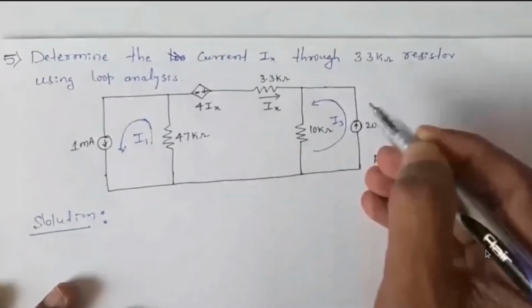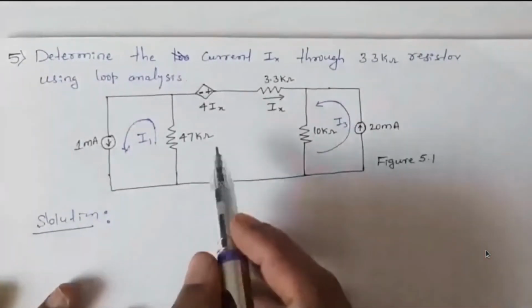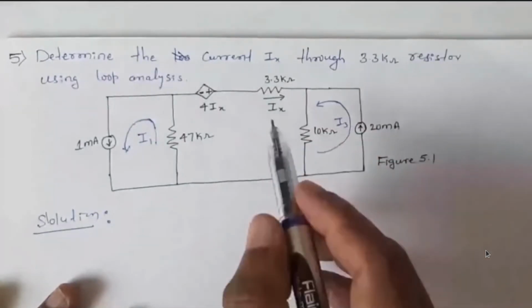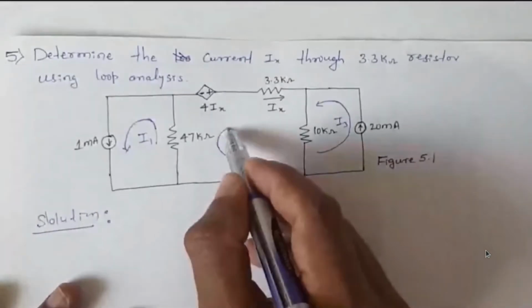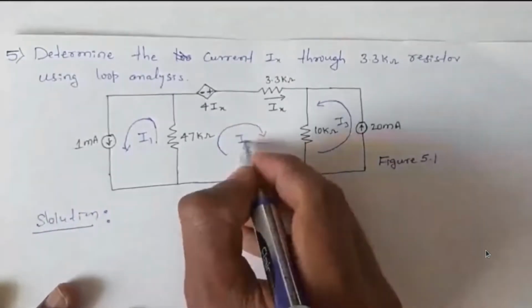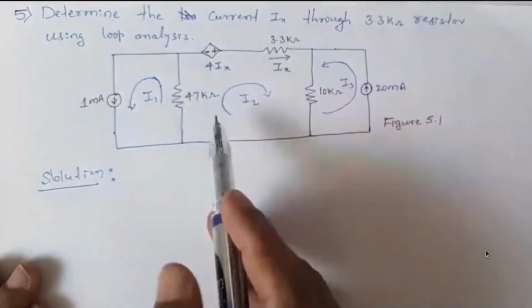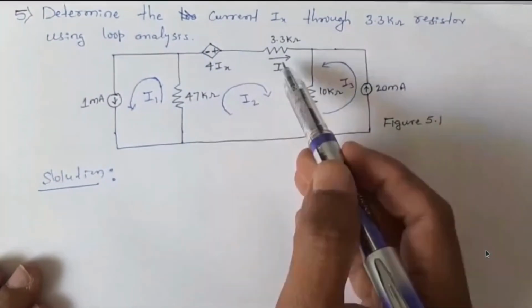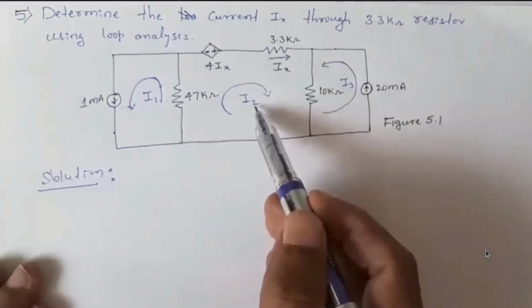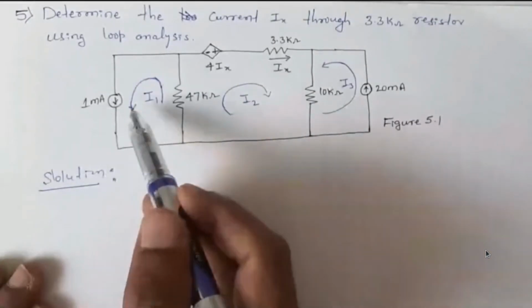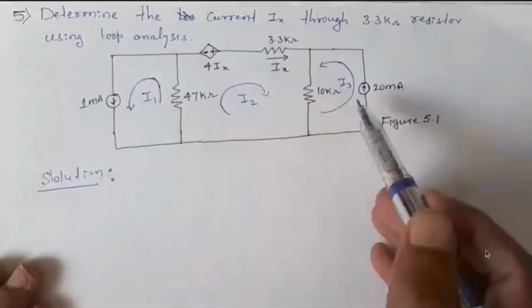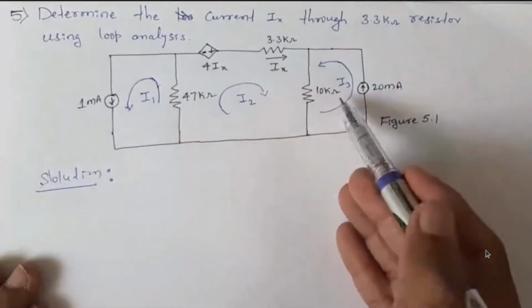Whereas Ix is left to right, so I'll consider the current in the same direction, that is I2. Looking at Ix I considered I2, looking at the 1 milliampere current source I considered the direction for I1, and looking at 20 milliampere I considered the direction for I3.